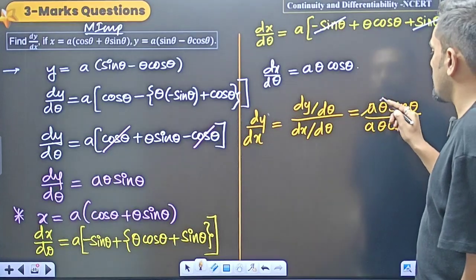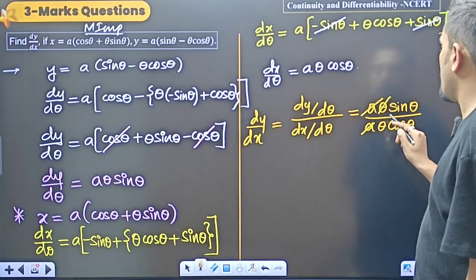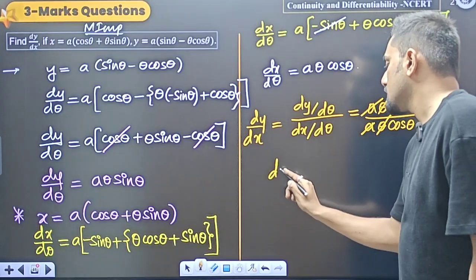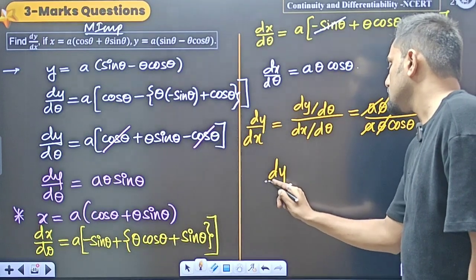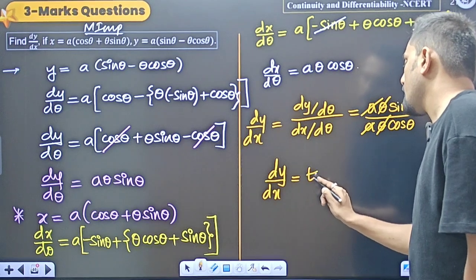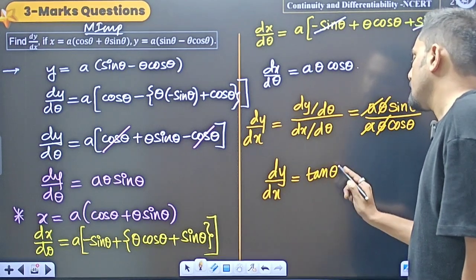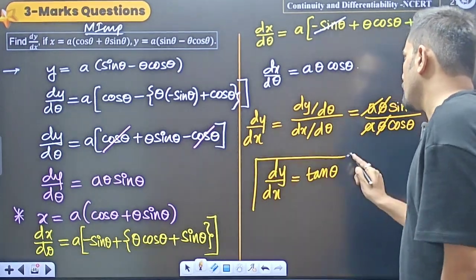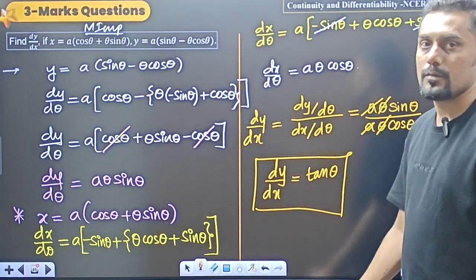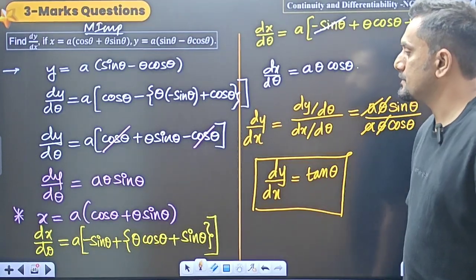If I cancel a and a, theta and theta, then sin theta by cos theta becomes tan theta. dy by dx is equal to tan theta, the derivative of y with respect to x. Pause the video and note down the answer.